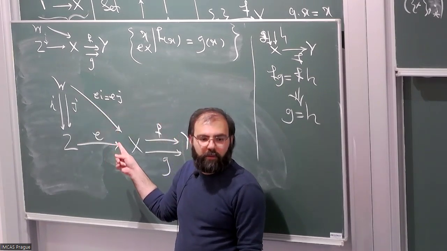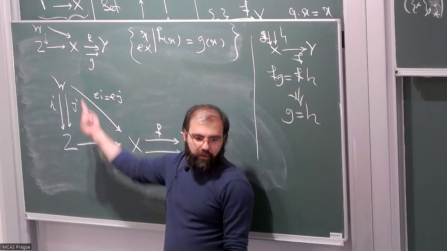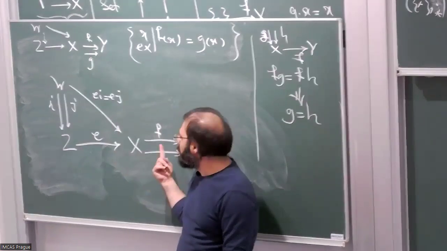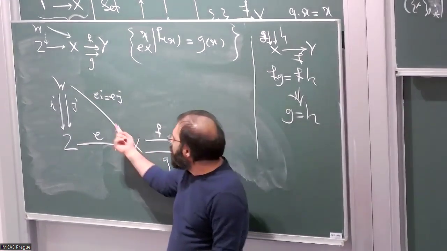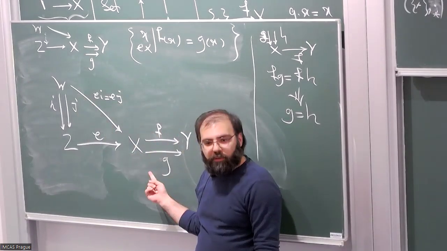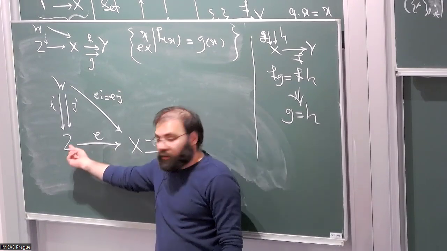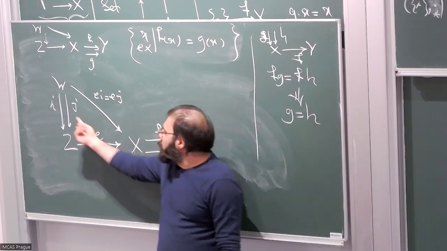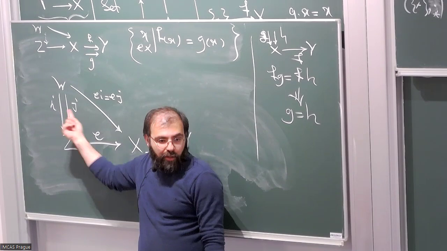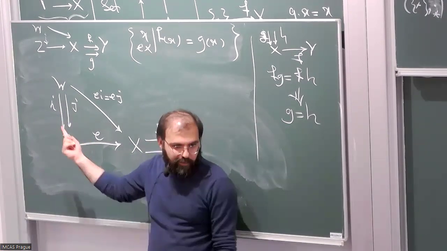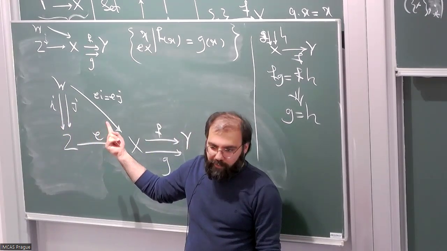Why? Because these two are equal and then these compositions. Okay, so now you have a map equalizing these two. There should be a unique factorization along this. So these two should be equal. It's a unique factorization, right?